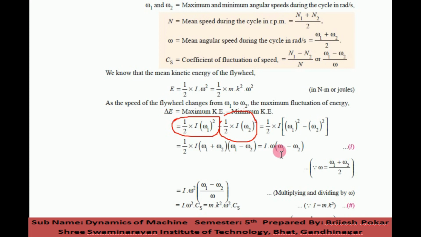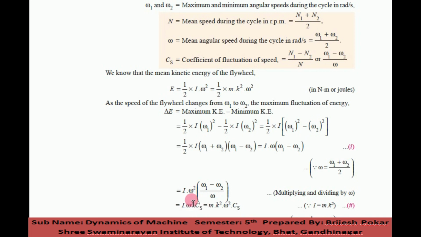It is very easy. Okay, so finally we got the answer like I omega square into omega 1 minus omega 2 upon omega. Here you can see we divide by omega and put it square over here, so this is just manipulated. So I omega square CS, because we want to come to this equation using CS, that's why we multiply omega above and below.